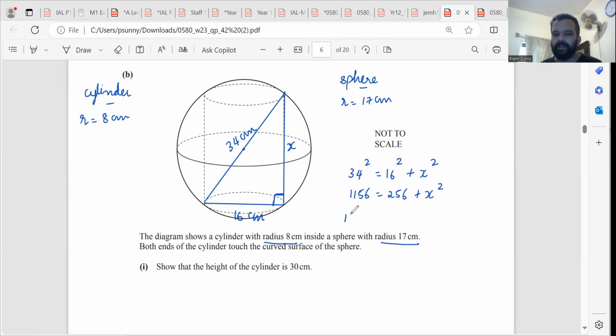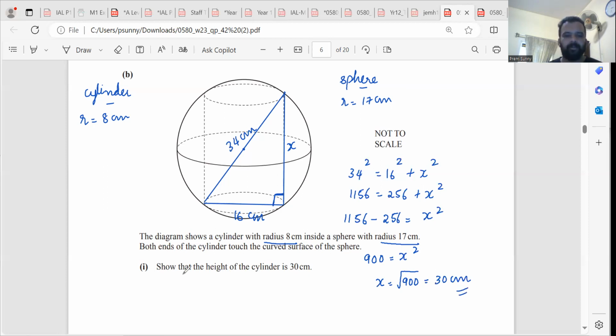Take 256 to the other side: 1156 minus 256 is 900. So 900 is equal to x square, and x will be the square root of 900, which is 30 centimeter.